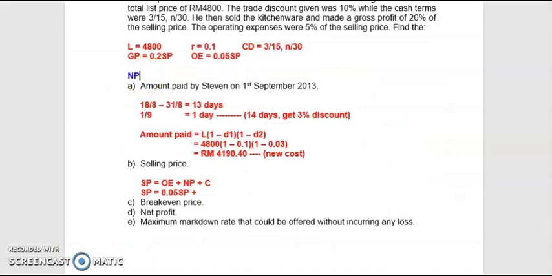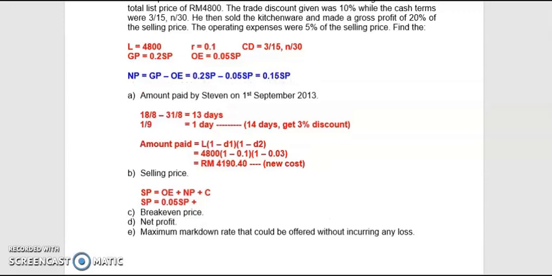So here you can calculate NP first. NP equal to, just now, GP minus OE. So GP is 0.2 SP minus OE 0.05 SP. So 0.2 SP minus 0.05 SP is 0.15 SP.